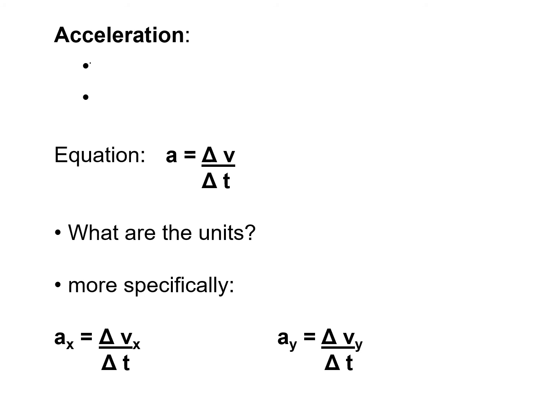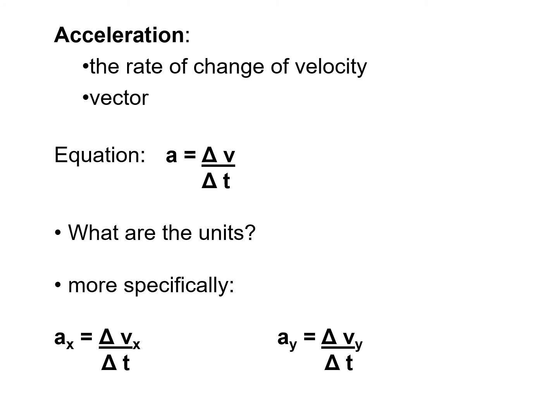So since we looked at a change in velocity, we have a new kinematic concept, and that is acceleration. Acceleration is the rate of change of velocity, okay? Because velocity is a vector, acceleration is also a vector. So acceleration is a change in velocity over time.